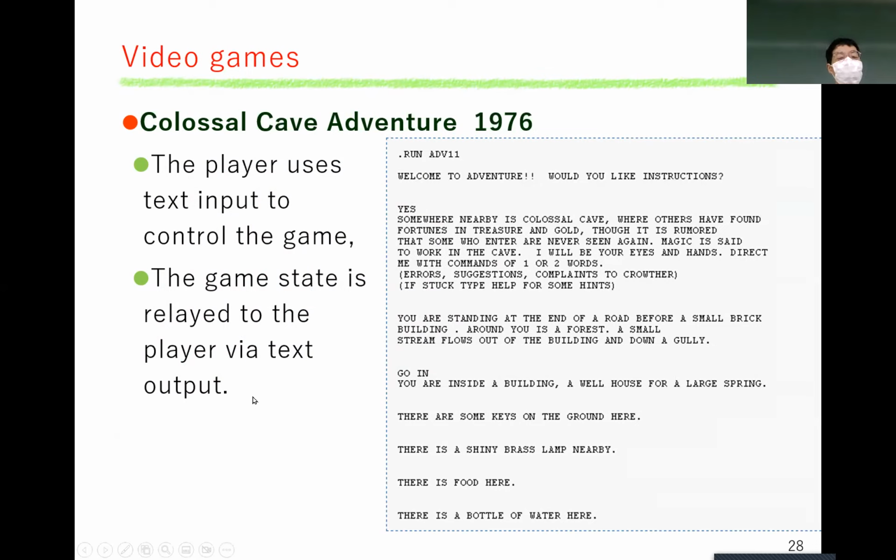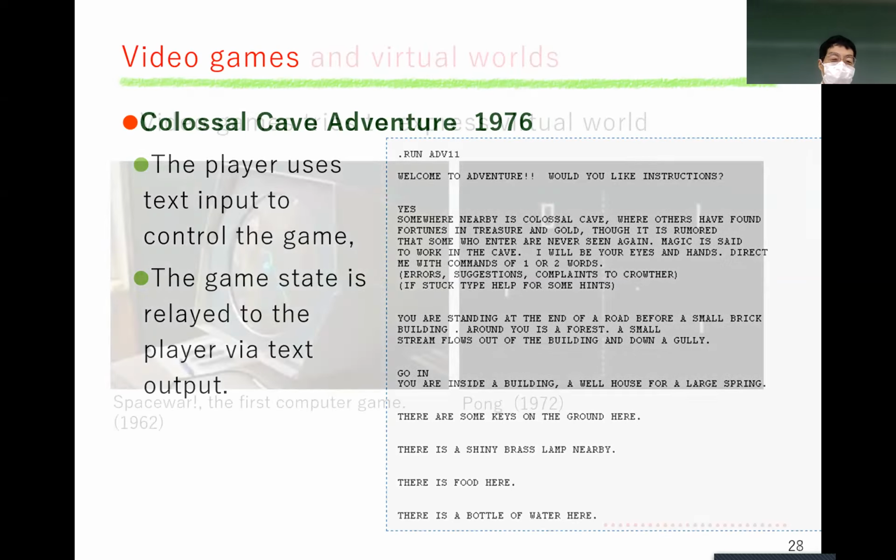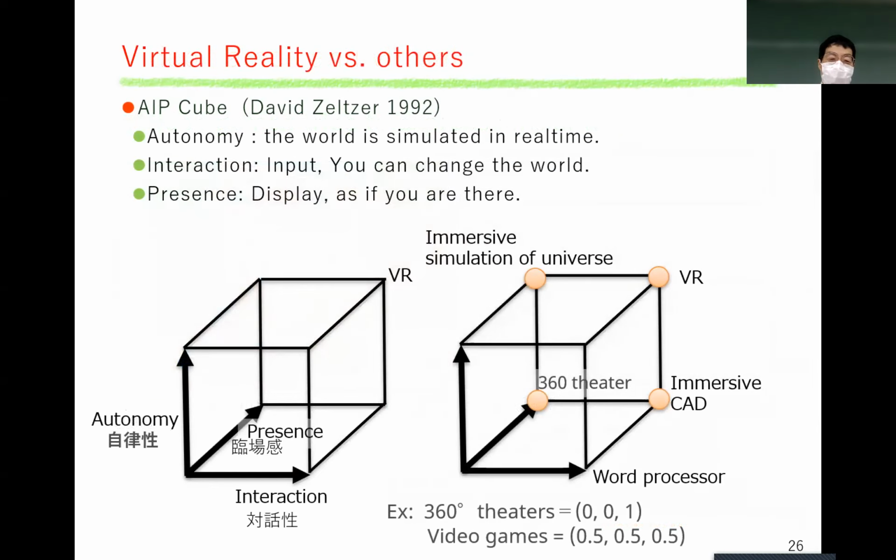So this is a completely text-based computer game. How to place this game is a bit difficult, I think. But maybe it has some dialogue. Interaction exists, so that's similar to a word processor. But some presence exists.